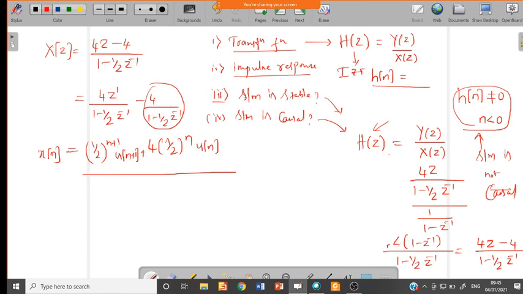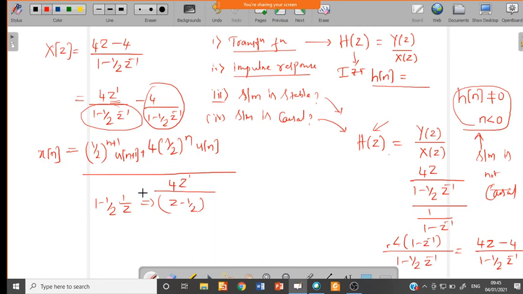So it is starting from the power 1, and if we take 1 minus half into 1 over z, we can write it as z minus half, so that is 4z by z minus half.